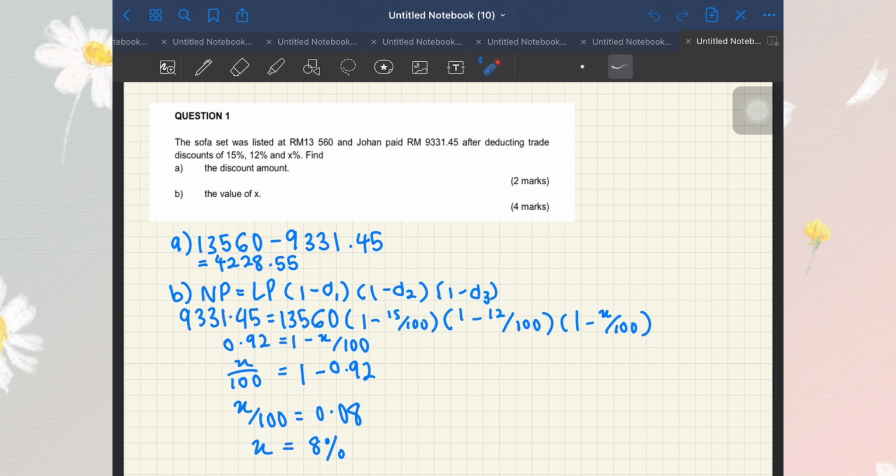For this kind of question, you just need to apply the formula: net price equals list price times (1 minus discount 1), (1 minus discount 2), (1 minus discount 3) and so on.